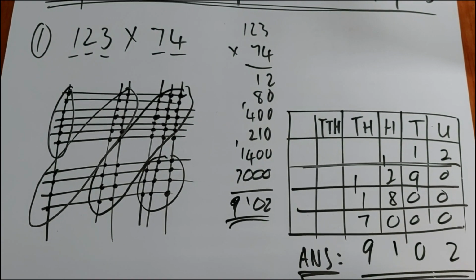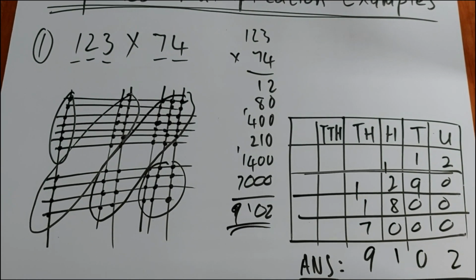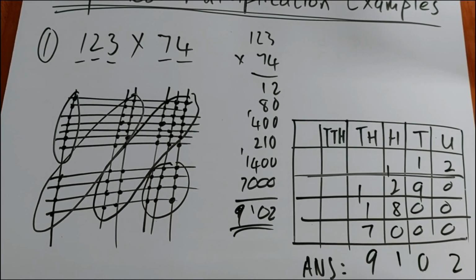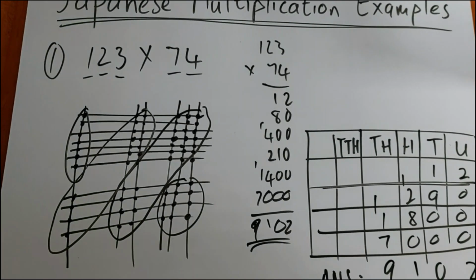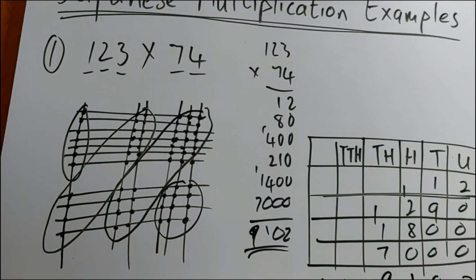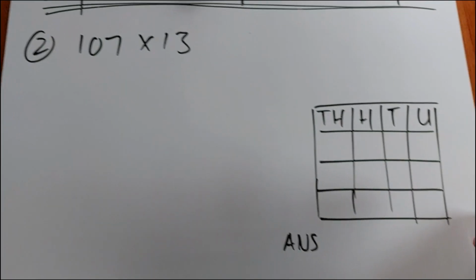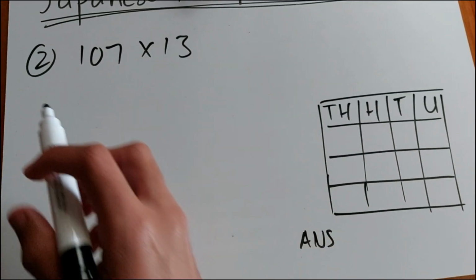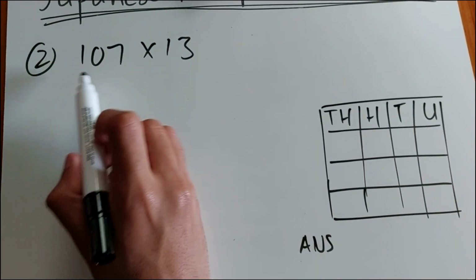So let's do one last example where we will add a 0 in one of the numbers. Let's take a look at this example where we have a 3-digit number containing a 0.